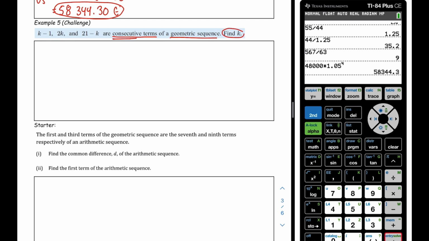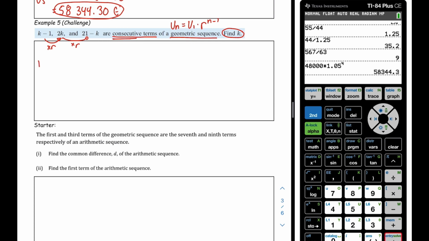Okay? Well, if it's a geometric sequence, we know that we can write any term in the form of u1 times r to the power of n minus 1. I know that going from the first term to the next, I'm multiplying by r, and same thing here, I'm multiplying by r. So I can create some equations.